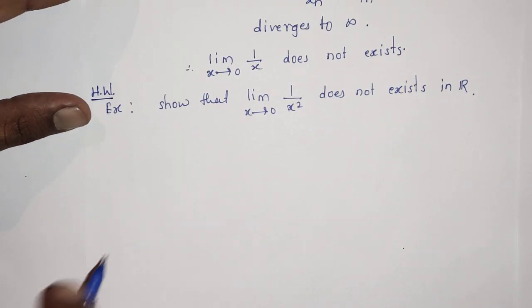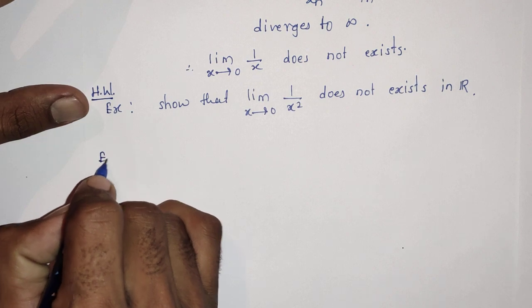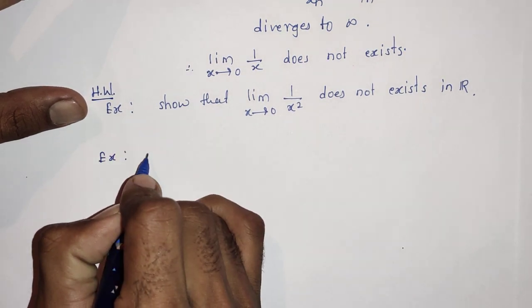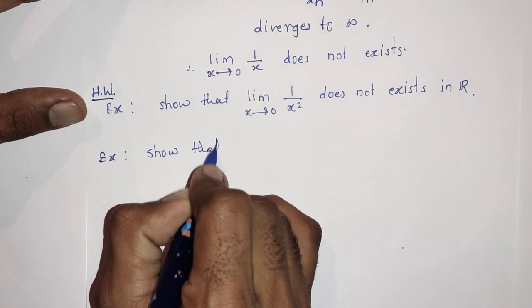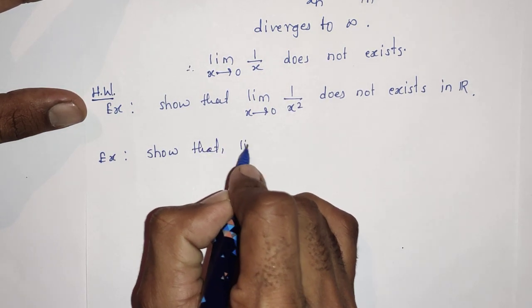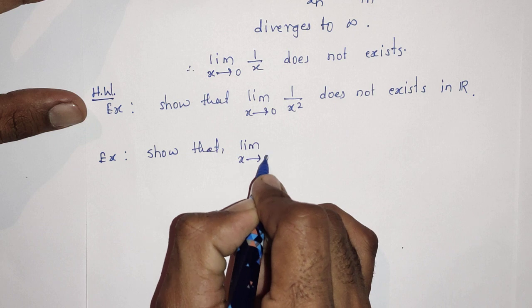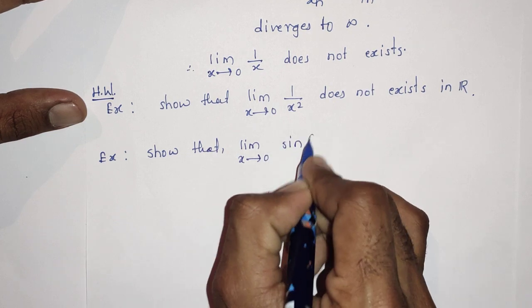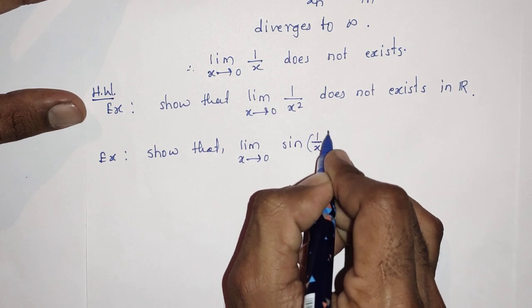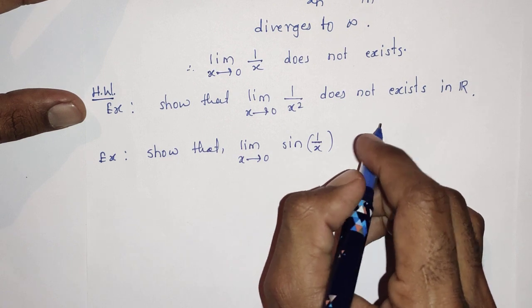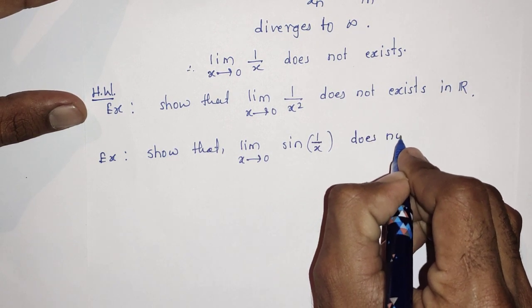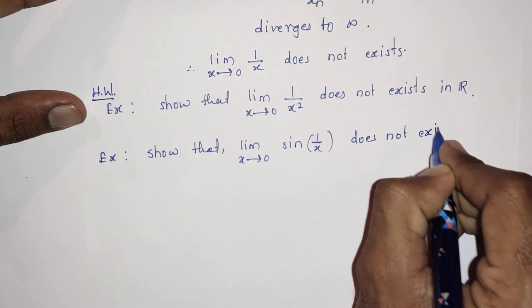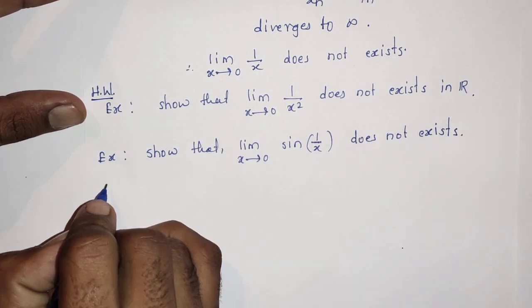Now the next example is: show that the limit as x tends to 0 of sine of 1 by x does not exist.